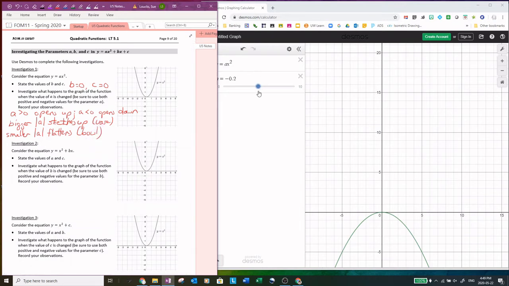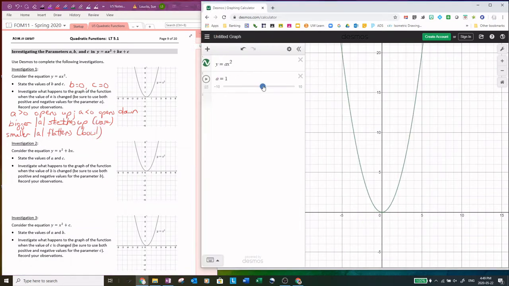So let's just go back over to the graph. You see as A is getting bigger, it's becoming taller and taller. And as A gets closer to 0, it gets more bowl-like until it gets negative, and then it goes the other way. All right? Okay, I'm going to get you to pause the video, and I want you to play around with this next part, okay?